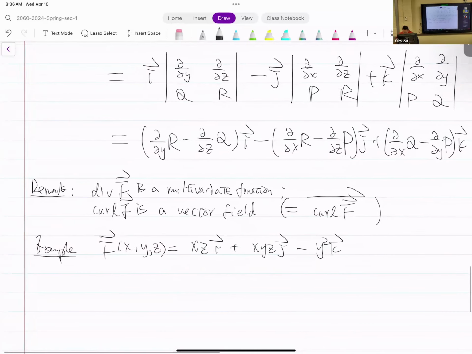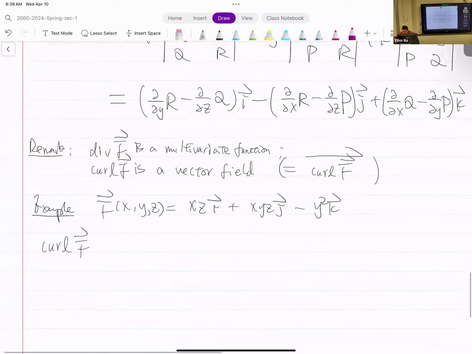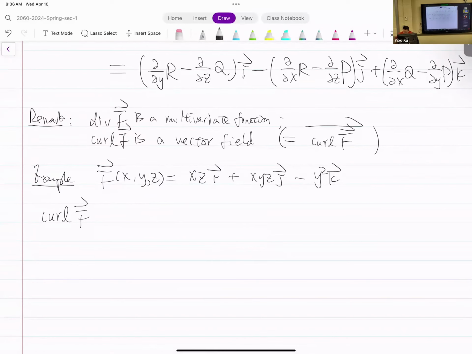So now let's compute the curl for this vector field. Of course, if you want to utilize the equation right on top of the page, it's okay. But here we just stick to the definition. That's going to be easier, at least for myself, I would say that's the method I don't really have to memorize.